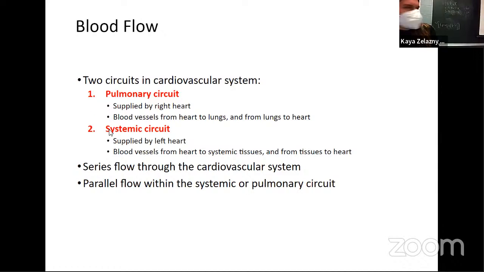We have a 1 and 2, they're in order. But once we're in a circuit, really within the systemic circuit, this is where it makes more sense. We're going to have parallel flow, meaning that blood is going to be flowing to your liver at the same time as it's flowing to your GI system. It doesn't have to flow through one organ and then another organ and then another organ. They're all getting their independent blood supply at the same time.